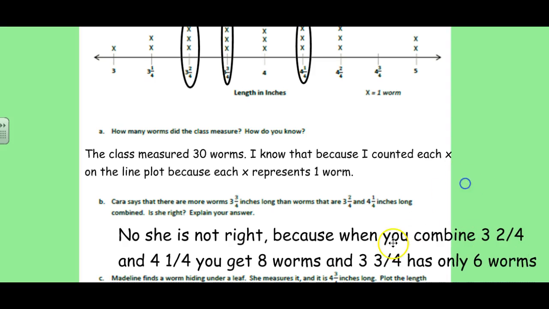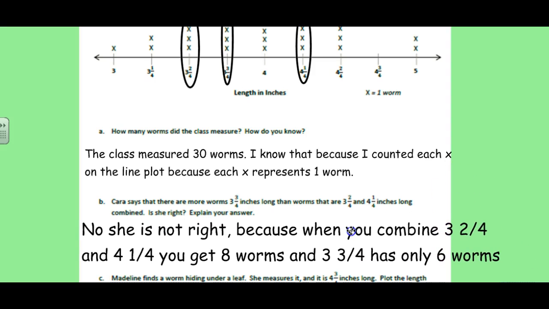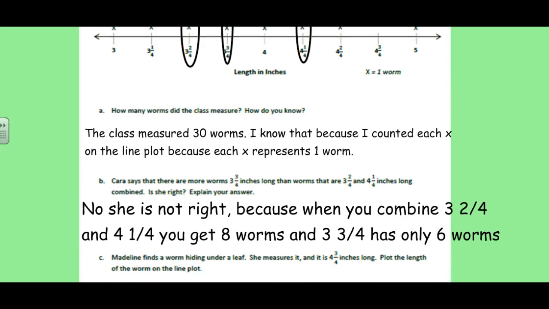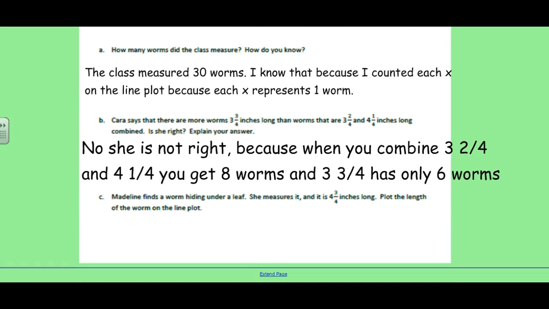So that's going to be the explanation, because we just said how we combined it and then compared that with 3 and 3/4 inches. So now we're going to be ready to move on to question C.